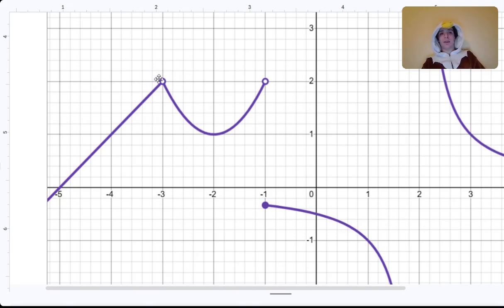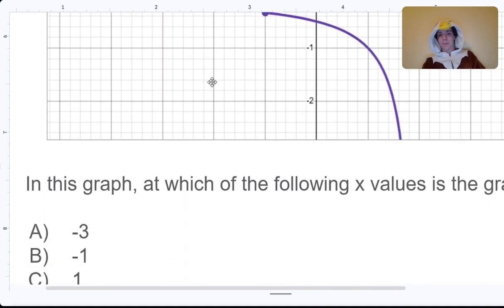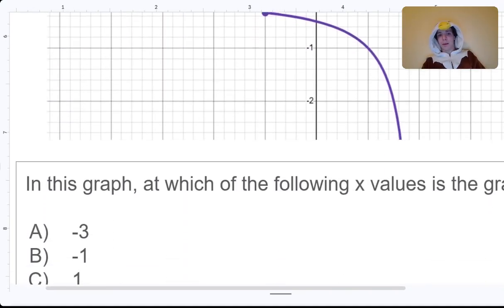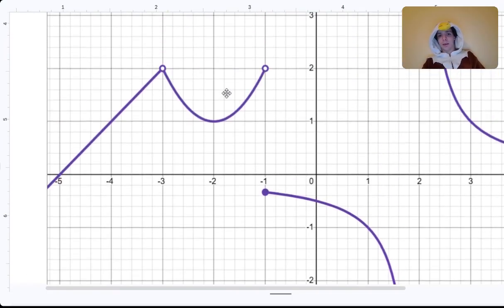It's undefined, so it's not going to be continuous there. It's not A. Now let's look at B, which is -1. At -1, there's a filled in circle, so it's defined, but there's this big jump. The limit from the left doesn't equal the limit from the right.